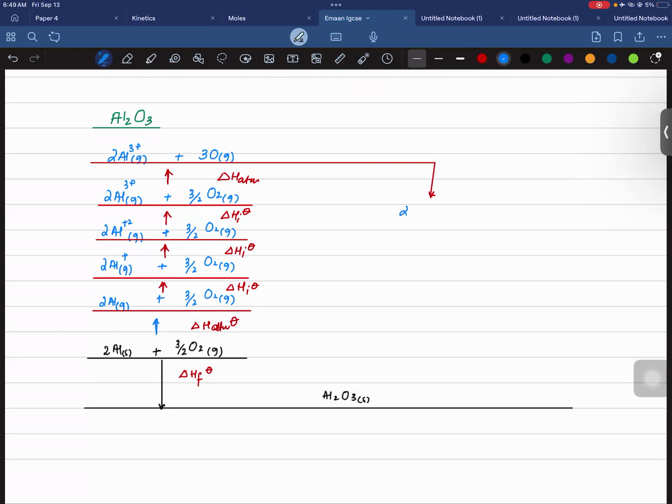Then first of all O minus. As you know, the second electron affinity is endothermic, so I'm going to go upward, because an upward arrow means endothermic.